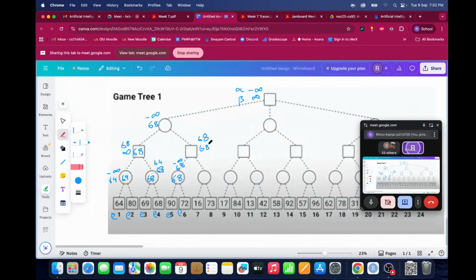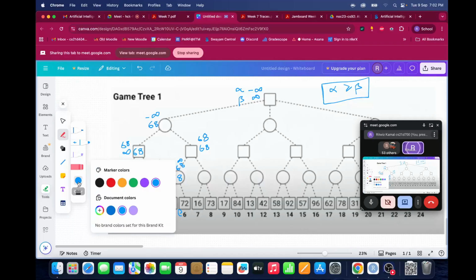Now, do you see a situation where a cutoff has been reached? Yes. Alpha is equal to beta, right? So the condition for cutoff is alpha has to be greater than or equal to beta. Here we have alpha equal to beta, so a cutoff will occur.